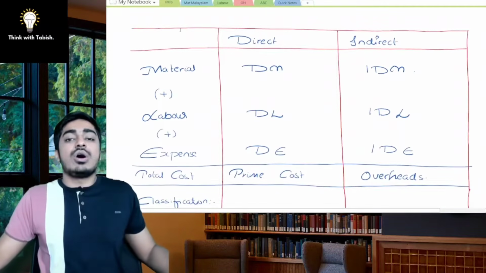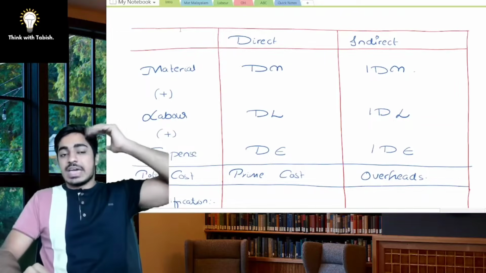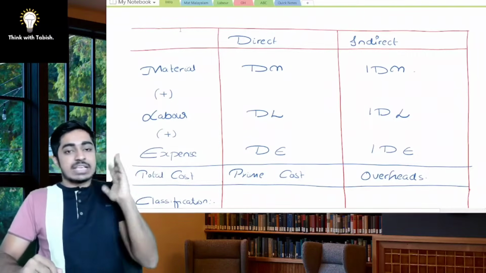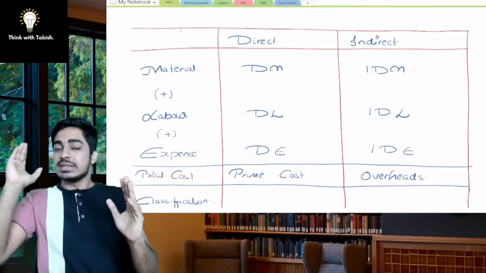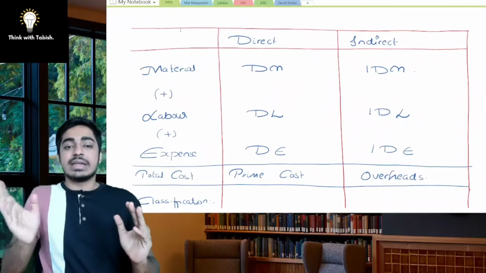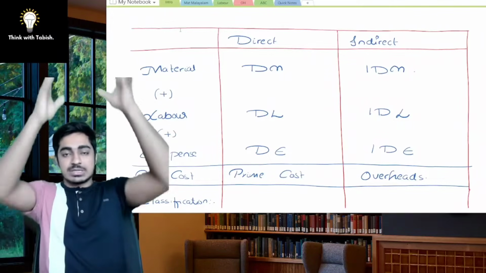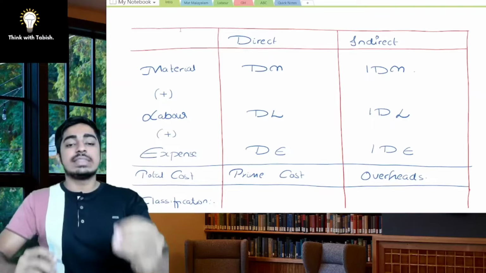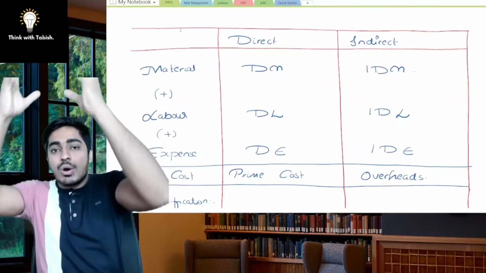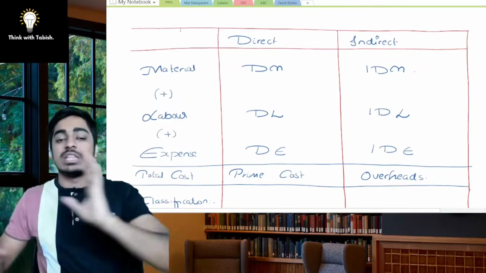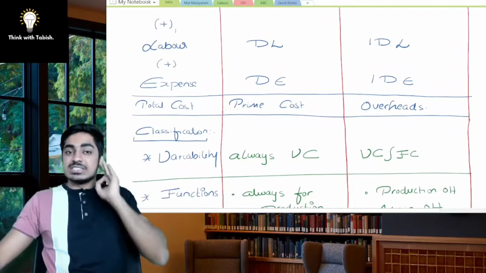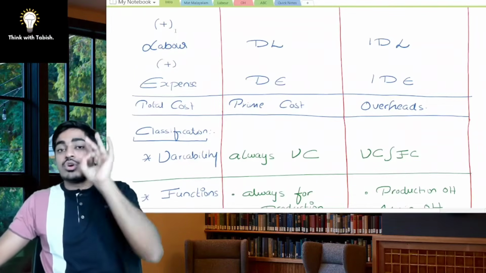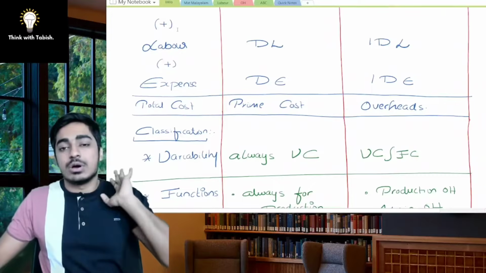So combining all these three things, we have the elements of cost: material, labor, expense. We have bifurcated as direct material, direct labor, direct expense, indirect expense. All direct costs together we are calling prime cost, and all indirect costs together we are calling overheads. Now, classification based on variability. Prime cost is always variable cost.